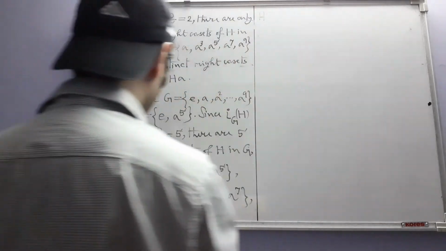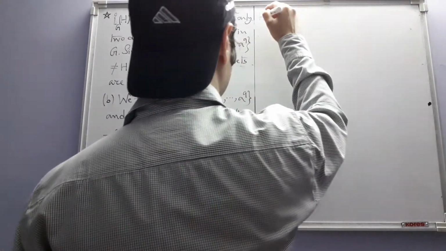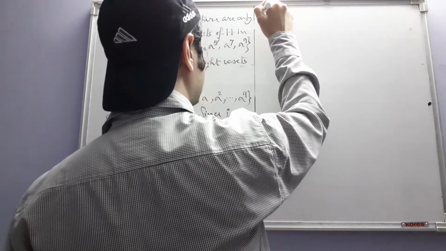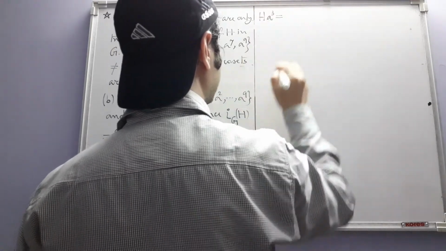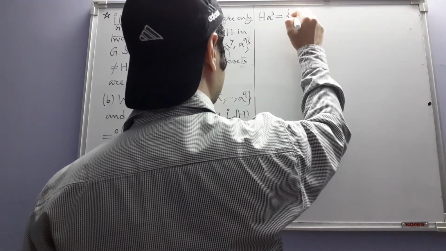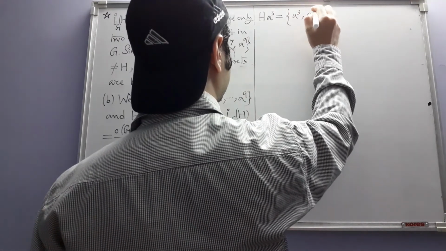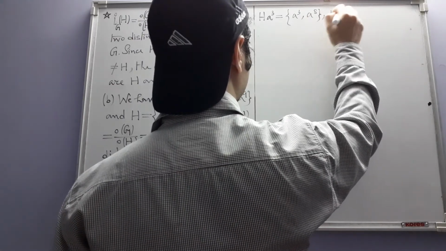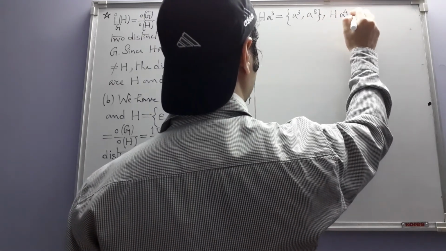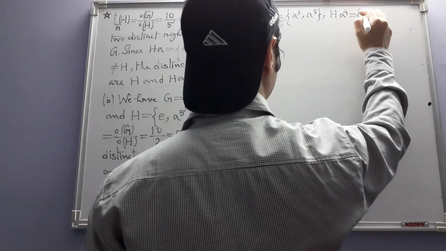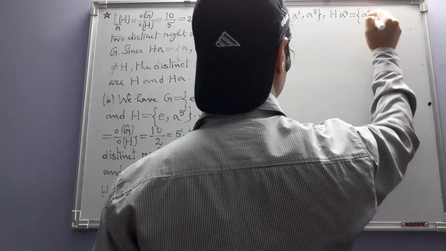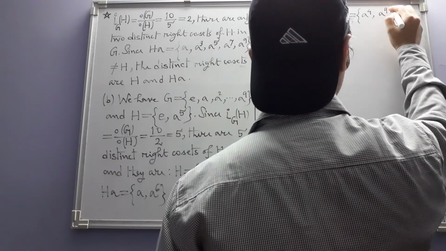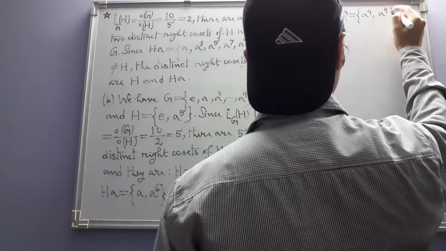Two more, no? 1, 2, 3. Ha cubed: a cubed and a to the power 8, and Ha to the power 4: that will be a to the power 4 and a to the power 9.